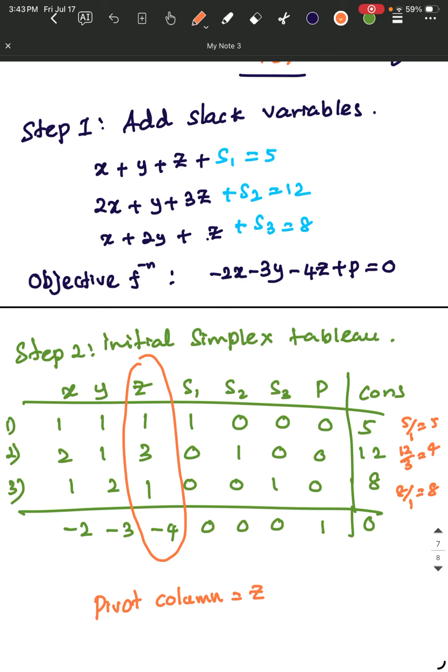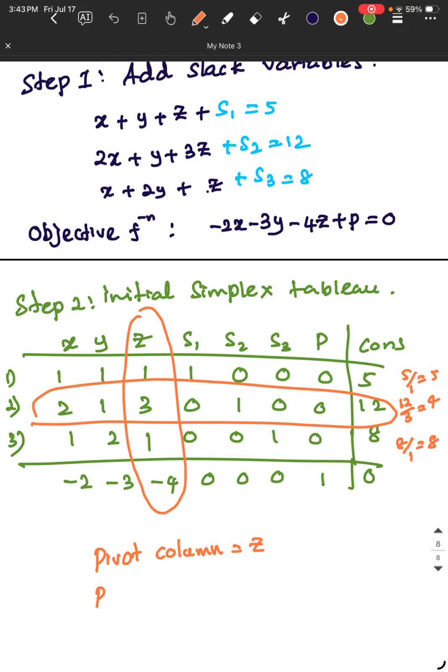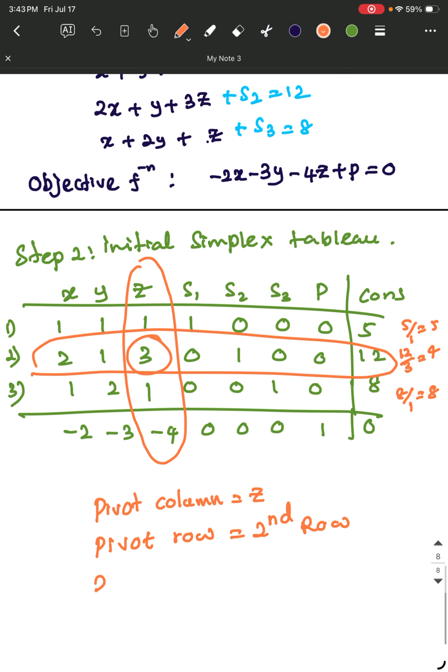The smallest ratio is 4. Therefore, the pivot row is the second row, and the pivot entry is 3.